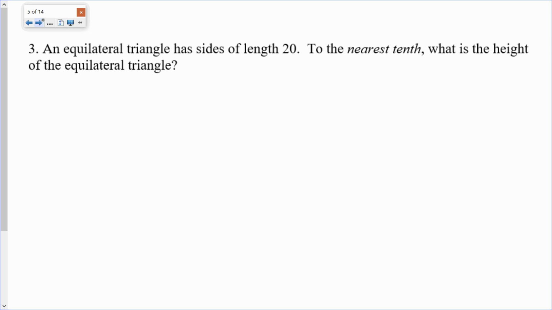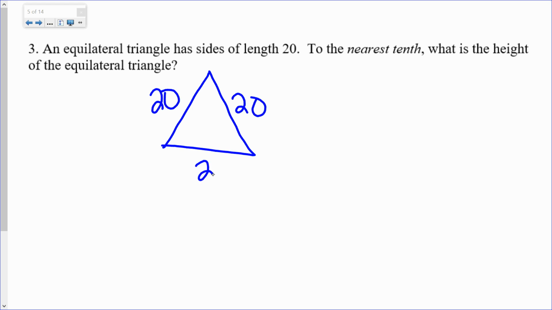An equilateral triangle has sides of length 20. So I'm going to draw an equilateral triangle, and I'm going to fill in that the sides are 20. To the nearest tenth, what is the height of the equilateral triangle? So I'm going to draw in the height.